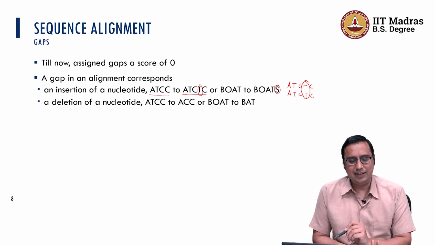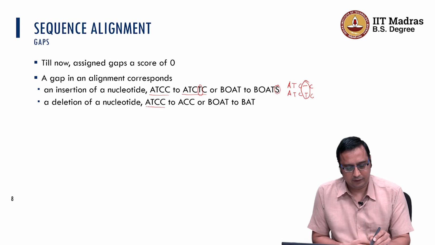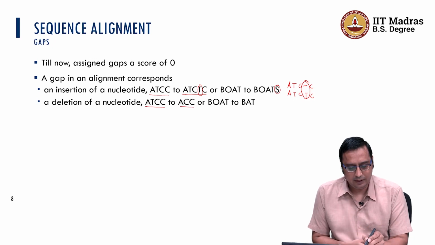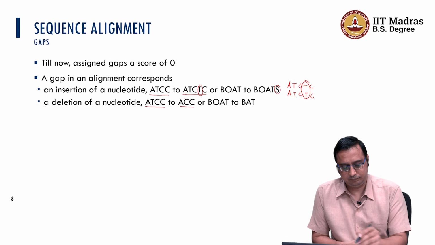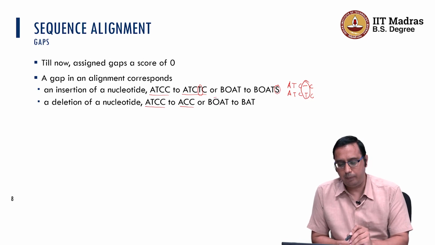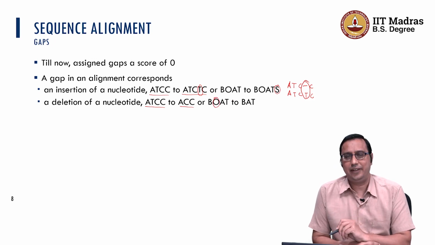The other possibility is deletion of a nucleotide. For example, here the ATCC sequence becomes ACC because there is a deletion of T. Or a simple example of Boat to Bat, the O is deleted.